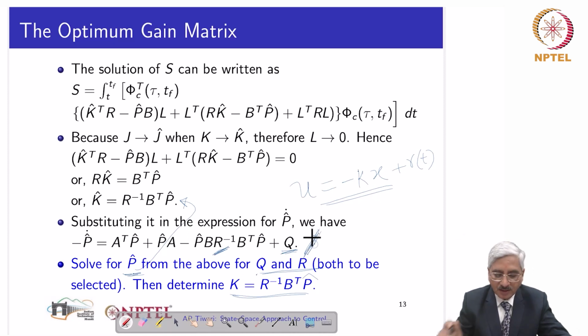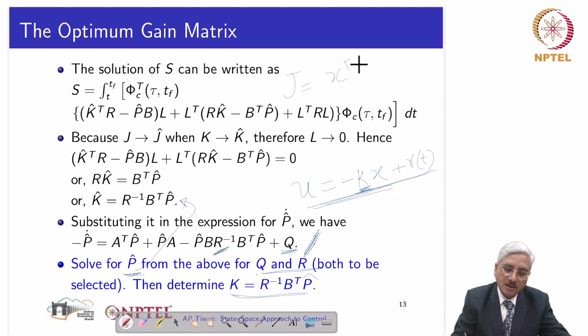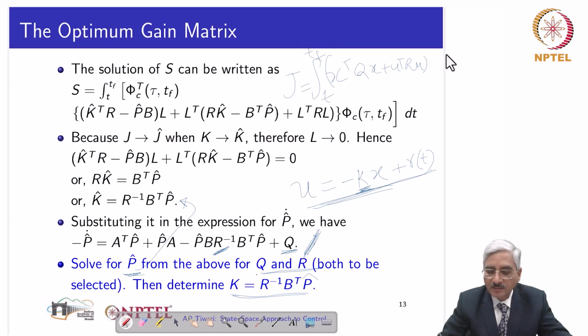We solve the matrix Riccati equation and we get the gain K. And this gain K with this control law, we'll minimize the integral performance index J equal to x transpose Qx plus u transpose Ru integrated from current time to final time with respect to tau, d tau.